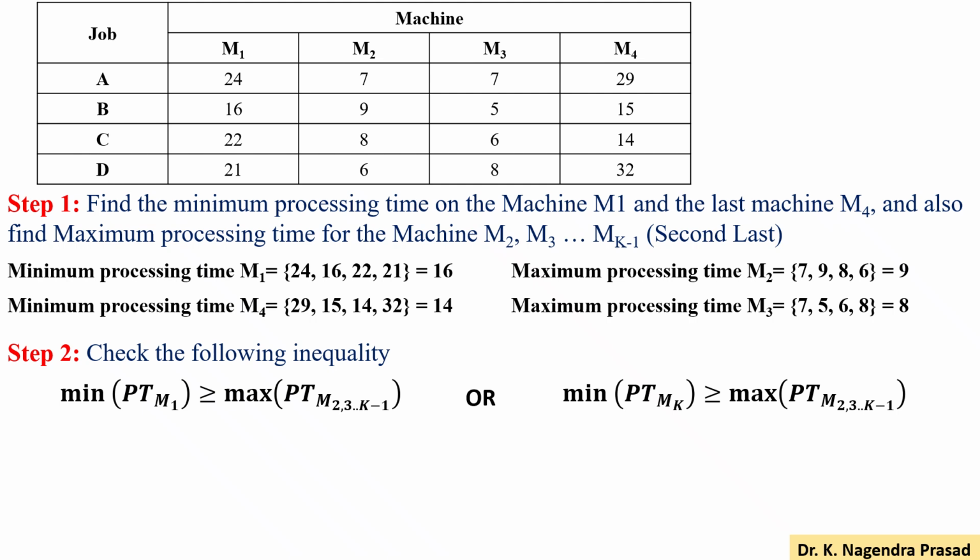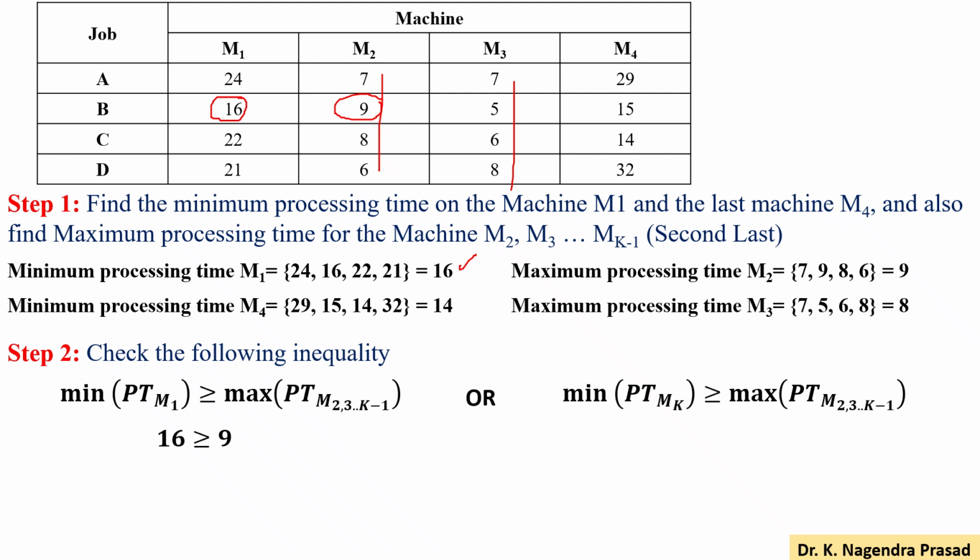So here we determined the minimum processing time for M1, which is 16, and the maximum processing time for the remaining missions, except the first and last missions. Among all these, the maximum processing time is 9. So the minimum processing time on the M1 mission is 16, and the maximum processing time of the remaining missions is 9.